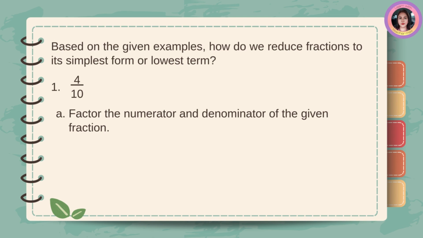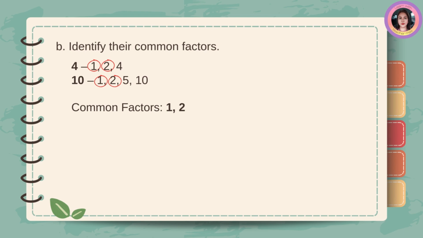Factor the numerator and denominator of the given fraction. The factors of 4 are 1, 2, and 4. The factors of 10 are 1, 2, 5, and 10. Identify their common factors. The common factors of 4 and 10 are 1 and 2.